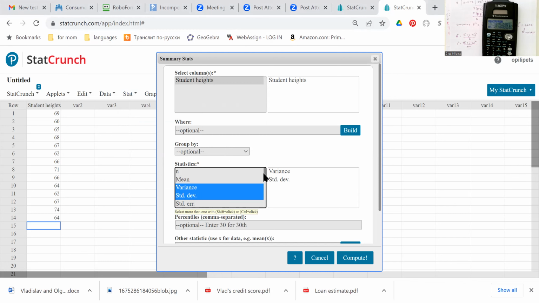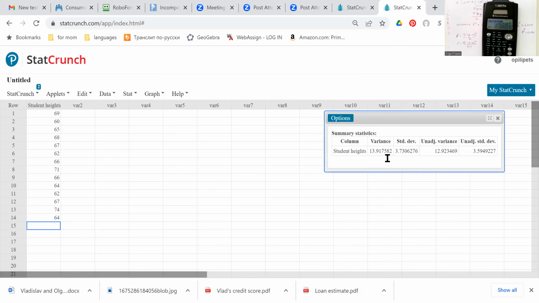Now, if you want to treat your data set as a population, then you're going to scroll down and you're going to have unadjusted variance and unadjusted standard deviation. So unadjusted, that's for the population.